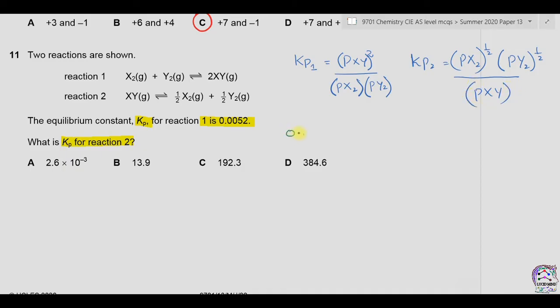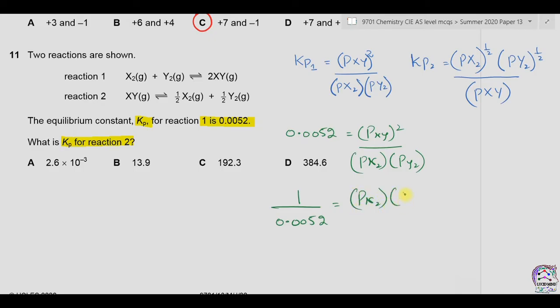We can write the value of Kp1 as 0.0052, and it is equal to the pressure of xy squared divided by pressure of x2 into pressure of y2. So reverting this equation we can write 1 over 0.0052 will be equal to the pressure of x2 into pressure of y2 divided by pressure of xy raised to the power 2.